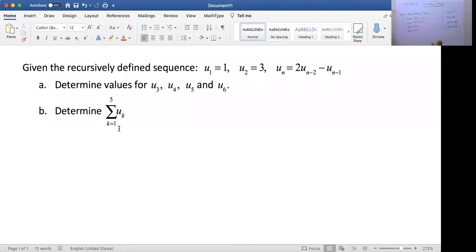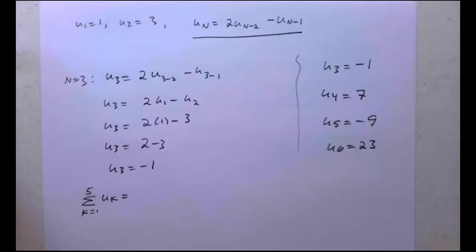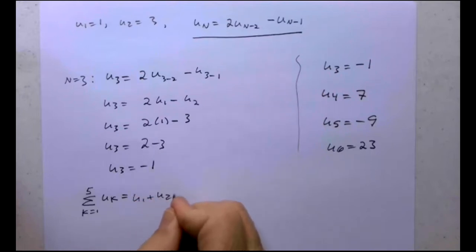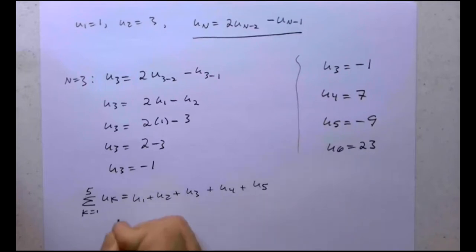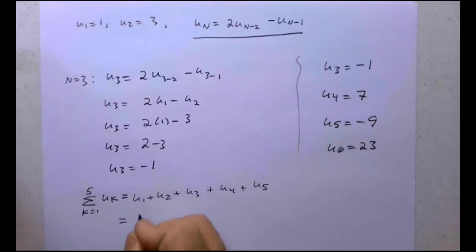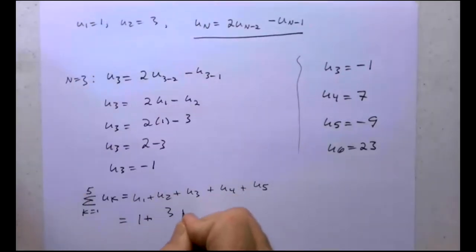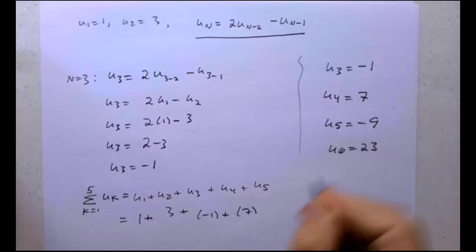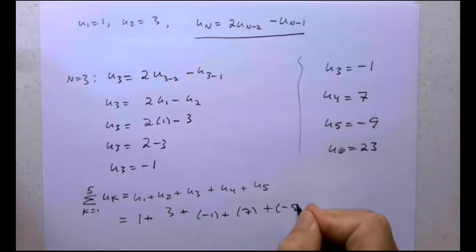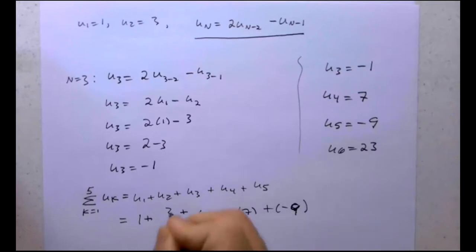The sum as k goes from 1 to 5 of u sub k would be u sub 1 plus u sub 2 plus u sub 3 plus u sub 4 plus u sub 5. u sub 1 up here is 1, plus u sub 2 is 3, plus u sub 3 is negative 1, plus u sub 4 is 7, plus u sub 5 is negative 9.